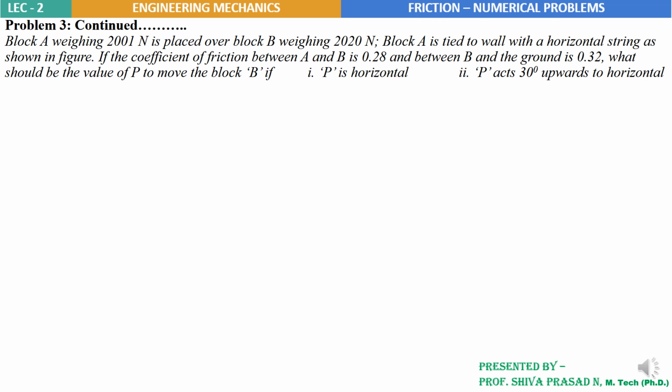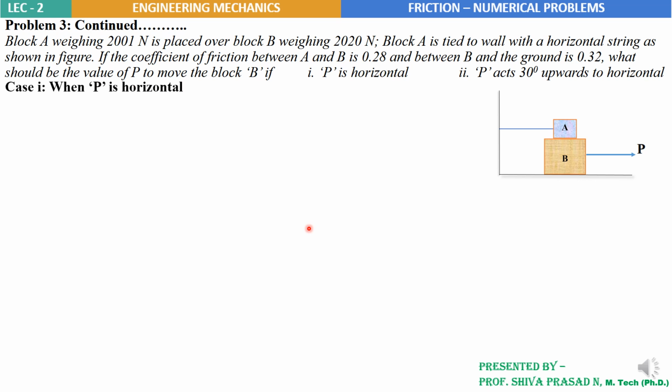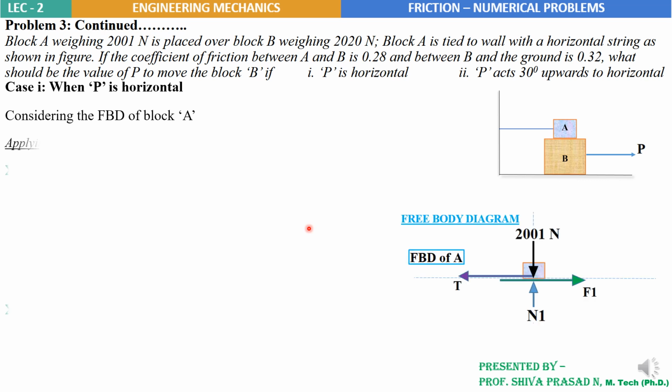So block A, for case 1 when P is horizontal, considering the free body diagram of block A. This is the diagram we had considered. Applying conditions of equilibrium, that is sigma V equal to 0 and sigma H equal to 0. For sigma V equal to 0, upward forces positive and downward forces negative.